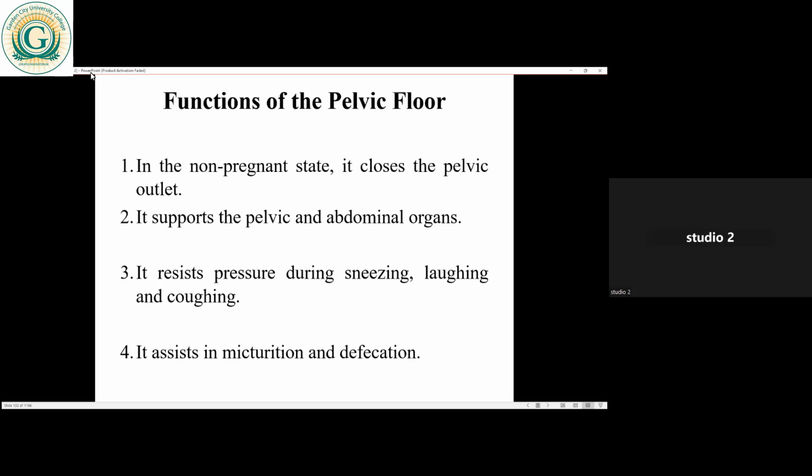When you are laughing, sometimes you feel like passing air, but because of these muscles, with sneezing, laughing and coughing, it resists the pressure, nothing will come out. It assists in micturition and defecation. Don't forget the membranous sphincter and the anal sphincter. When you are not ready to pass through, it resists it.